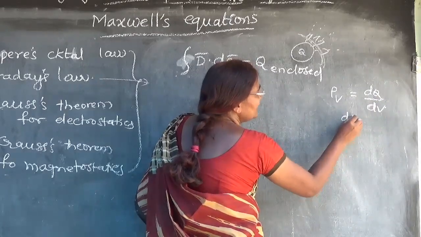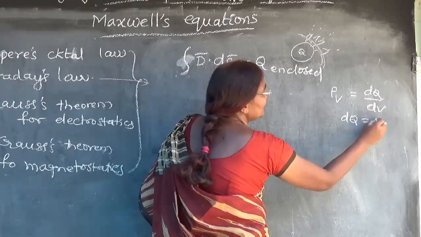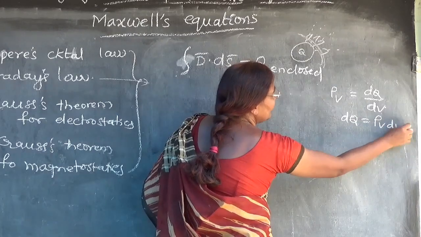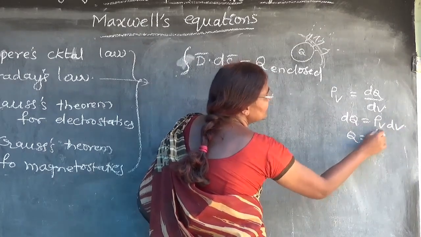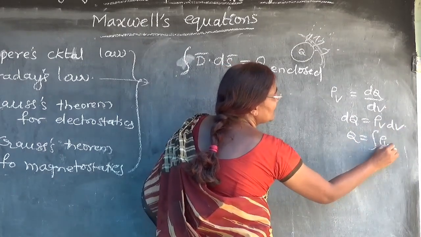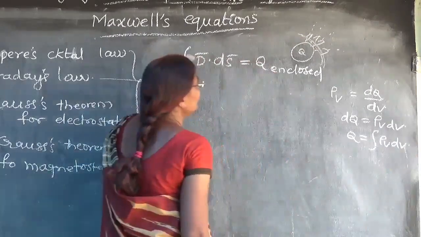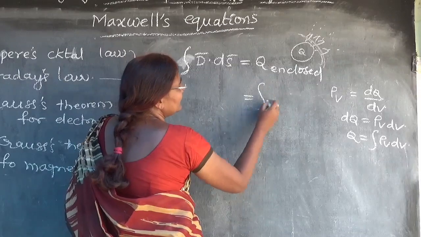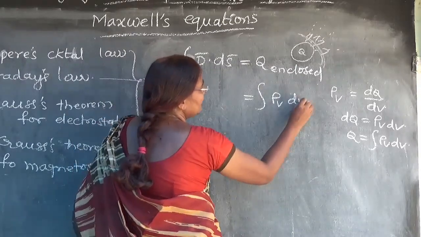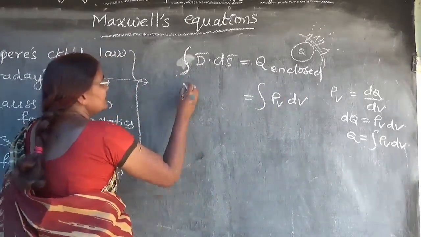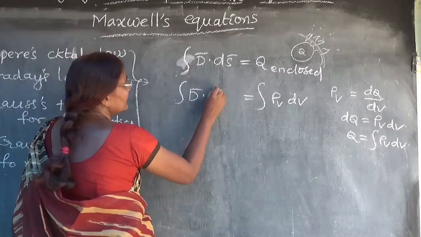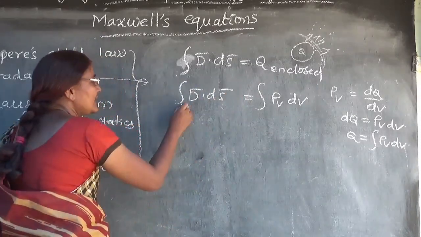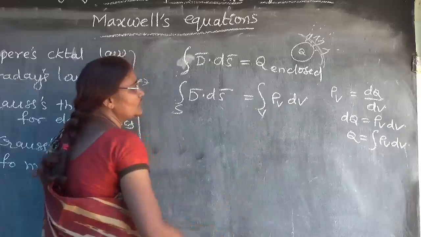So dq is going to be rho v dv, and Q is the integral of rho v dv. So instead of Q, you can write the integral of rho v dv, and this is D bar dot ds bar. This is a surface integral, and this is a volume integral.